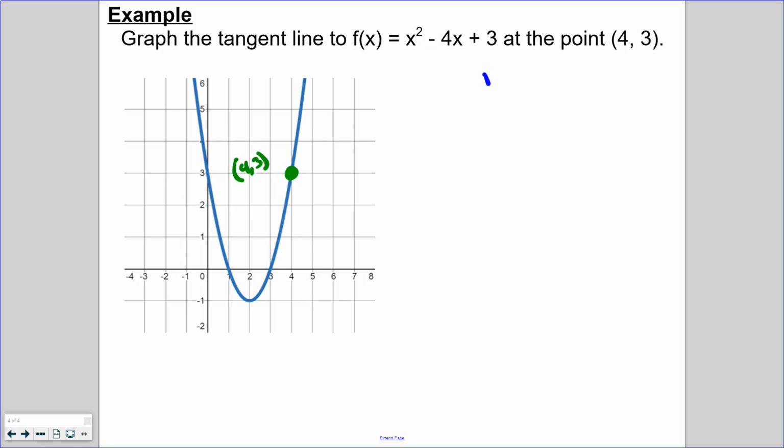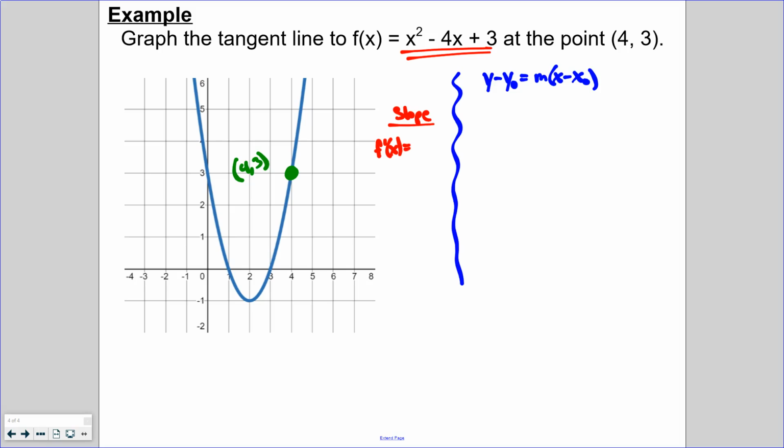So we need to start off with y minus y sub 0 is equal to m times x minus x sub 0. We are going to have to find the slope. So we'll do a little bit of scratch work here on the side. And to find the slope, we are just going to have to take the derivative of our polynomial. So f prime of x is going to be 2x minus 4.